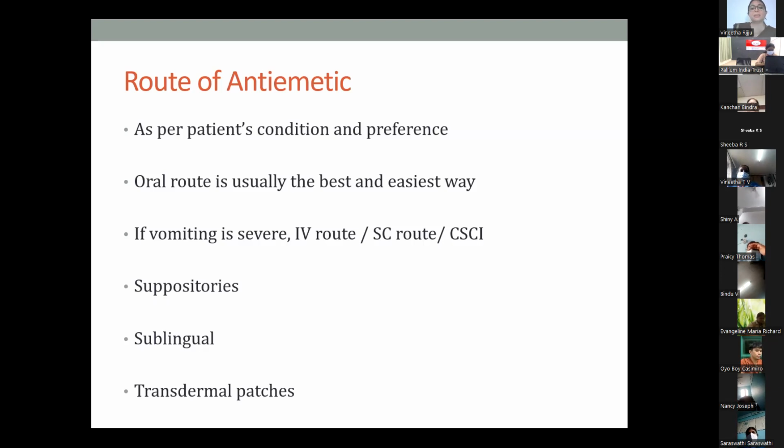Okay, transdermal patch. What is the difference between transdermal patches and topical patches? Both you apply on the body, but what is the difference? Here I have written it as not topical patches. It is transdermal patches. So what is the difference?